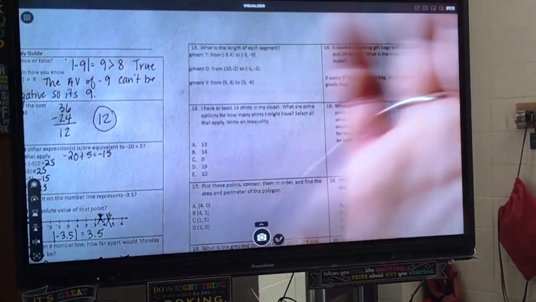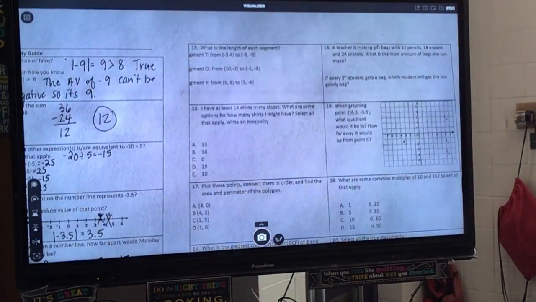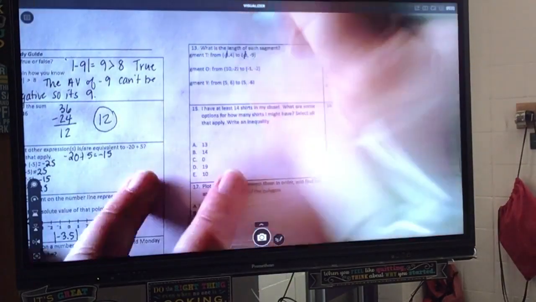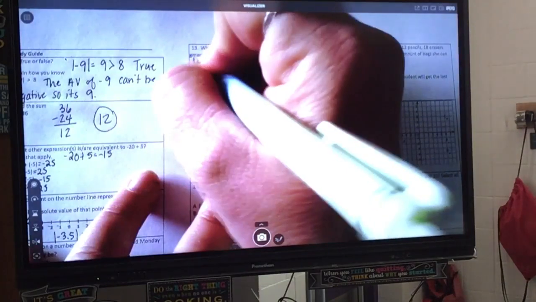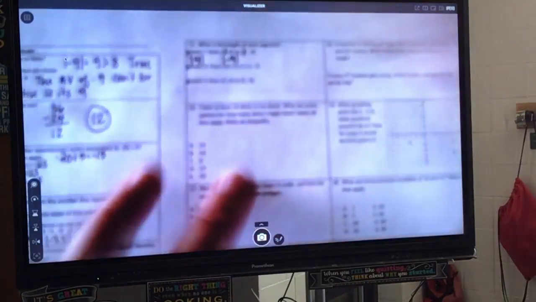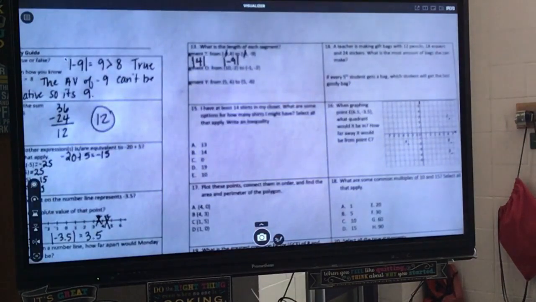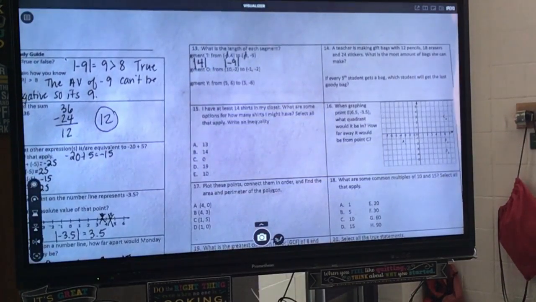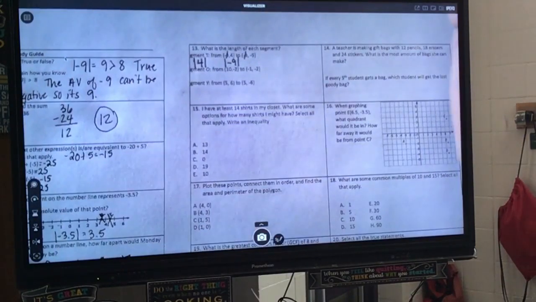So, can we use our absolute value rule to figure out these? Yes. All right, so I'm going to find the ones that are the same and cross them out. And then I'm going to say the absolute value of 4 and the absolute value of negative 9. So if they're the same, what do we do? Subtract. Same, subtract, right?